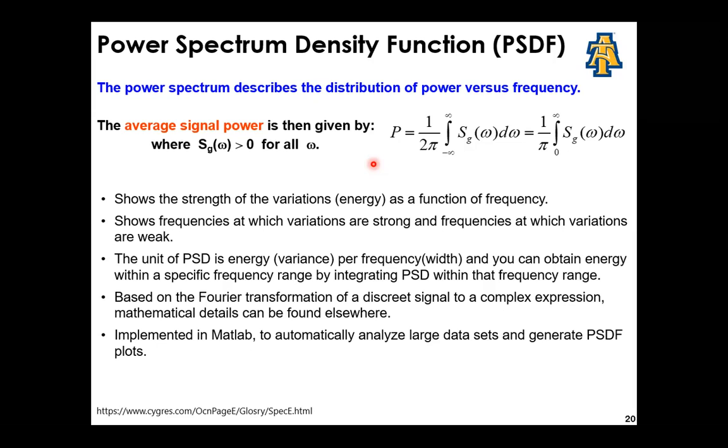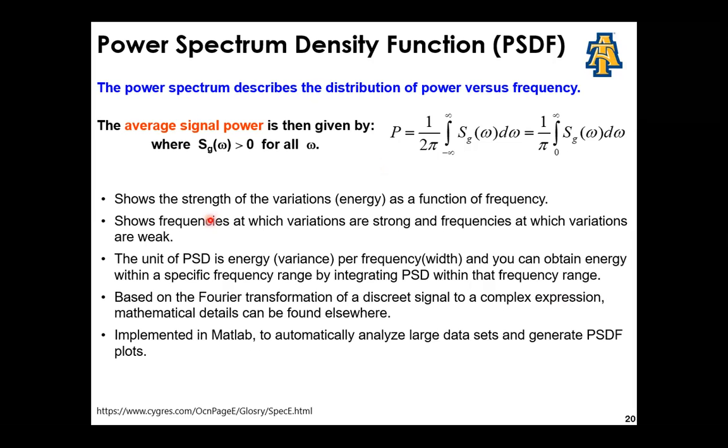The frequencies at which the variations are strong, and the frequencies at which the variations are weak, are displayed. This plot shows us the strength of the variations as a function of frequency, and where the variations are strong and where they are weak. The unit of my power spectrum density is energy per frequency, which translates to watts per hertz.